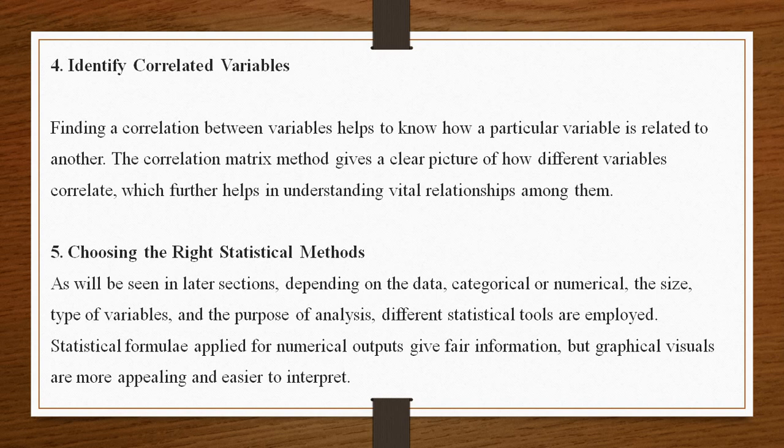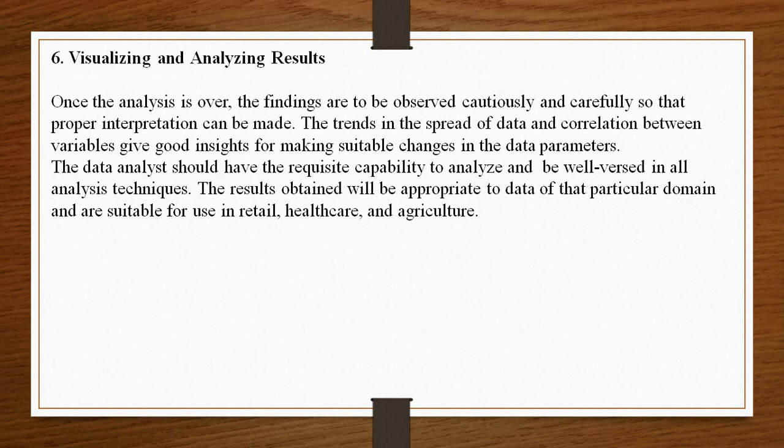Now depending on the data, categorical or numerical, the size and the type of the variables, and the purpose of analysis, different statistical tools are employed, and this formula is applied to numerical output, which is going to give me fair information, and in graphical visualization, which is more appealing and easier to interpret. Okay, so the statistical method is going to help me give the visuals in the graphical method.